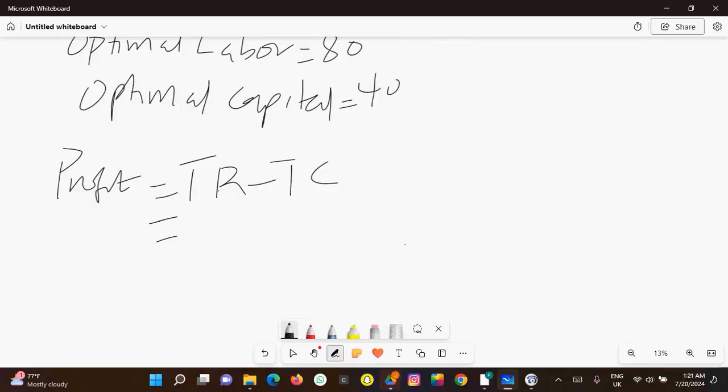Total revenue is equal to P times Q. Total cost is 1,000, because that was the budget. Now we don't know Q, so we have to look for Q.